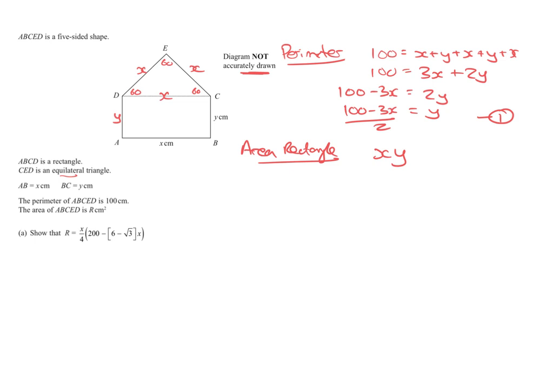And I know that y can be represented by 100 minus 3x over 2. So let's put that in. So my rectangle area will be x multiplied by 100 minus 3x over 2. So I'm substituting equation 1 into that. And let's leave it like that for the moment. So I have the area of my rectangle purely in terms of x.